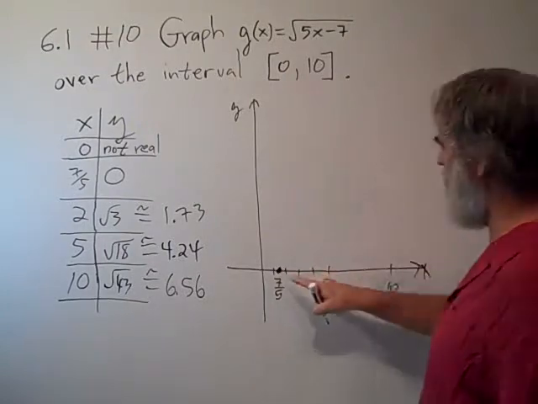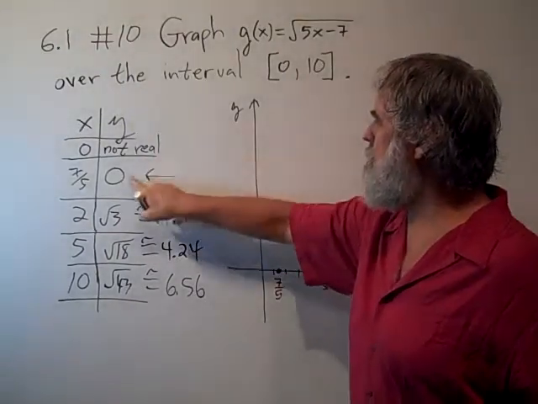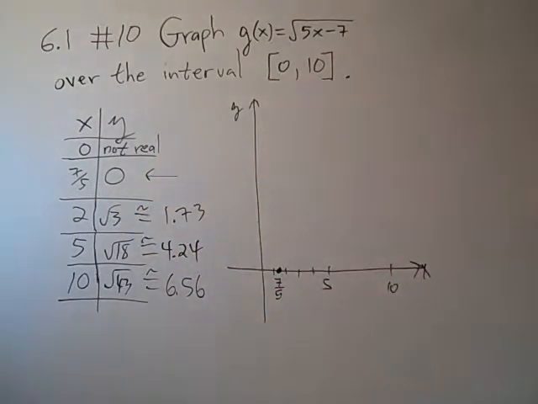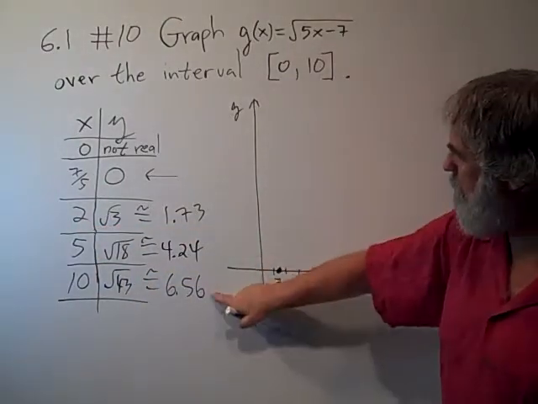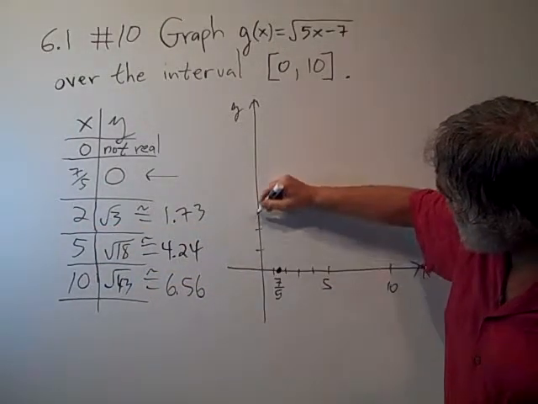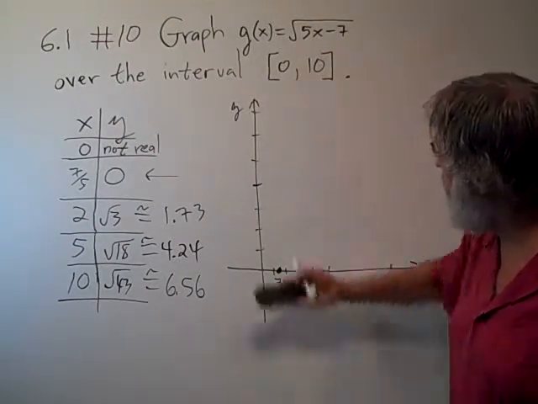So that's the first point on the graph. At 7/5, we have the x-intercept here because y is 0. When x is 2, y goes up to 1.73. Now this goes up to, let's go 1, 2, 3, 4, 5, 6, 7.